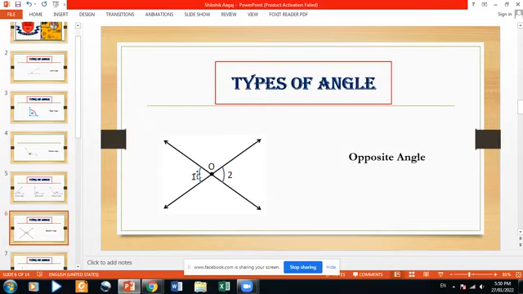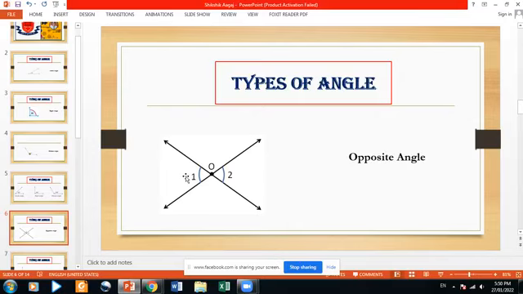There is the formation of four angles. This is one pair of opposite angles, and there is also another pair of opposite angles. If it is number 3 and number 4, then 3 and 4 is also a pair of opposite angles. One more thing I am going to recall: a pair of opposite angles means the measurements of opposite angles are always the same.